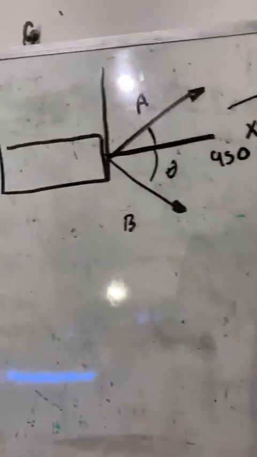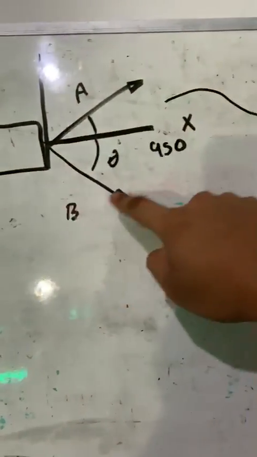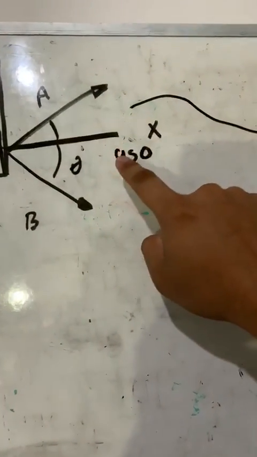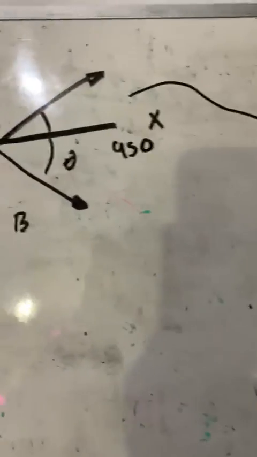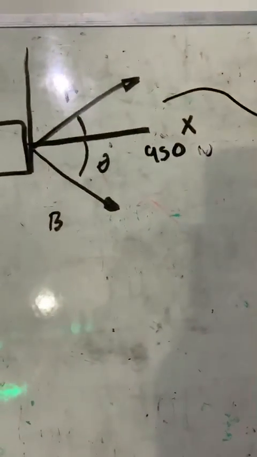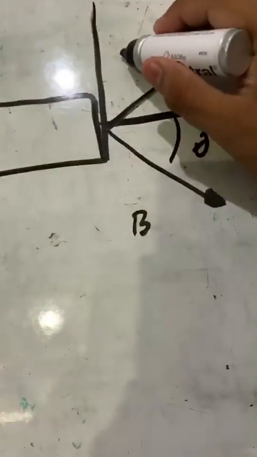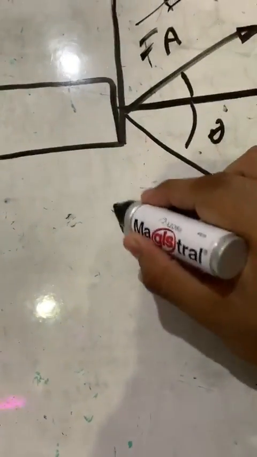So now we have the problem here, and this is the problem that we have to calculate. The problem gives us the resultant force that is 950 newtons, and what we have to do is to calculate the force A and the force B. But how?